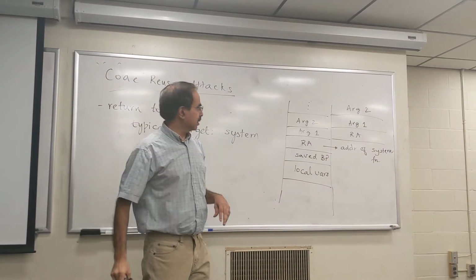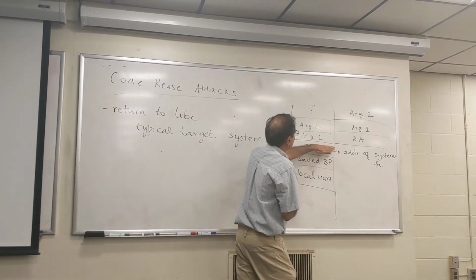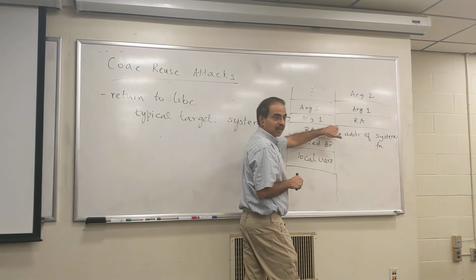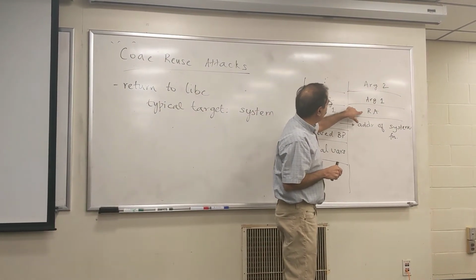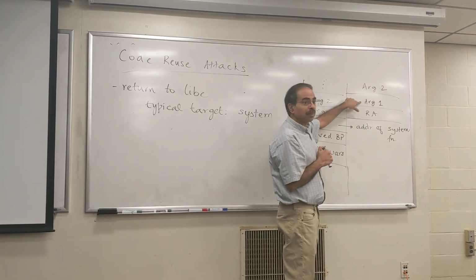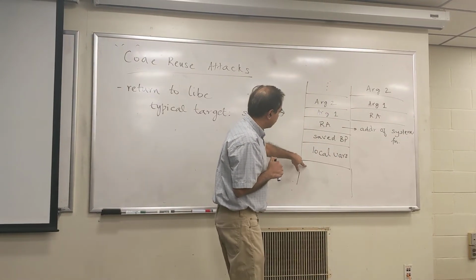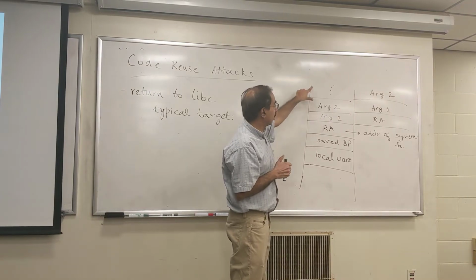Okay? Because once you return with the stack pointer pointing to over here, right? What the called function is going to think is that, okay, wherever the stack pointer is pointing, one step above that is the return address. Then I'm going to have arguments and so on. Okay. So notice that if the attacker has a buffer overflow and they overwrite the return address, they can also overwrite all of this, right?